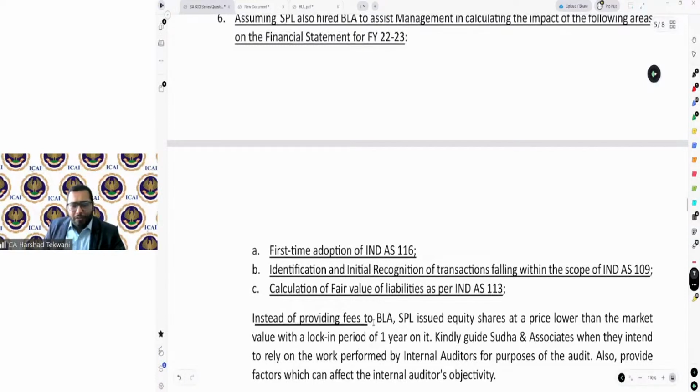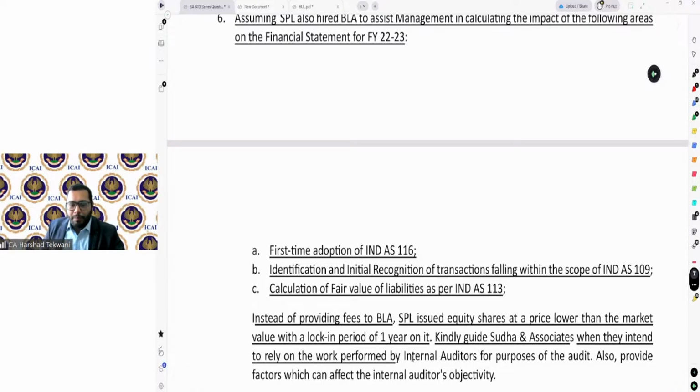Now, instead of providing fees to BLA, SPL issued equity shares at a lower price than the market value with a lock-in period of 1 year. Kindly guide Sudha and Associates when they intend to rely on the work performed by internal auditors for the purpose of audit. Also provide factors which can affect the internal auditor's objectivity.